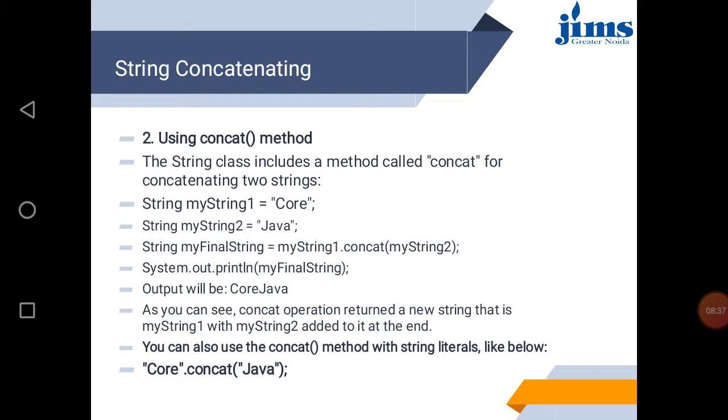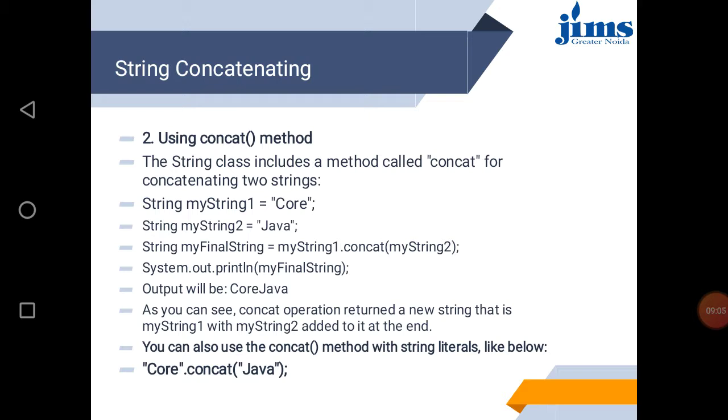There is one method also, that is concat method. In this case you can also concatenate two strings. See there are two reference variables, my string1 containing core, my string2 containing Java, and how do we apply concat method? As we know, to call any method we need to use an object.